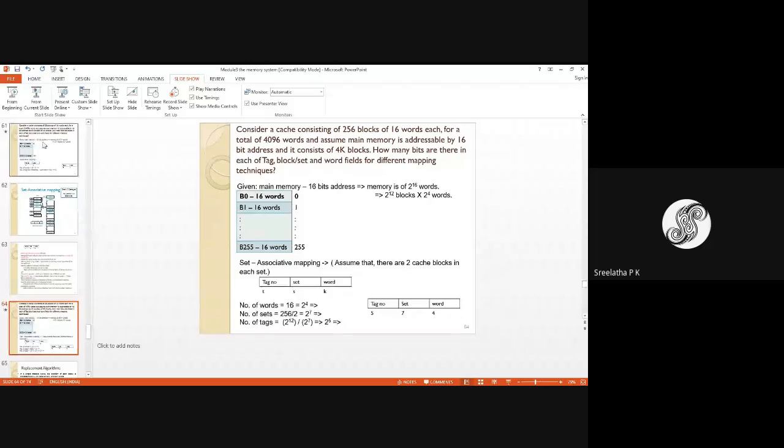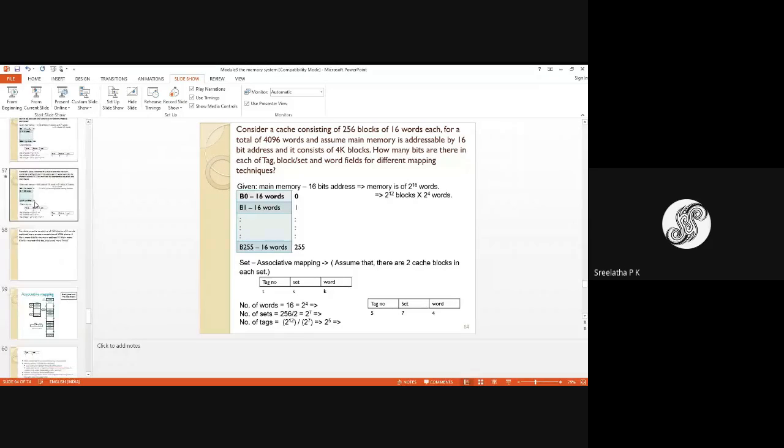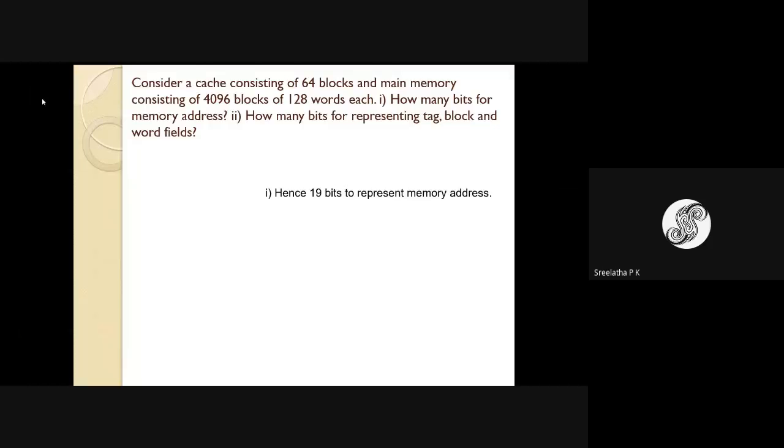We had taken one more example in the previous problem, and we'll do it for set associative mapping.